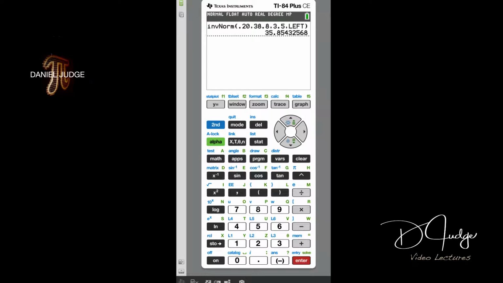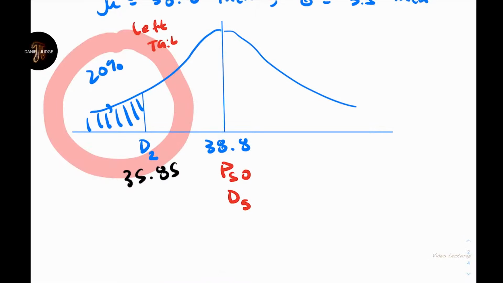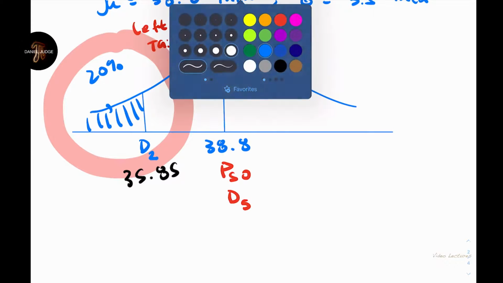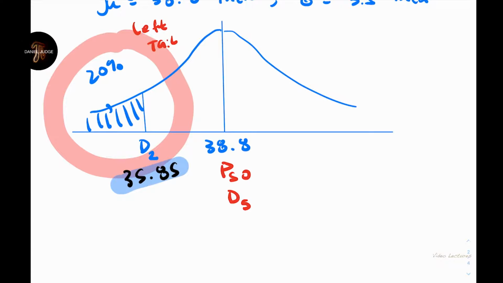And I guess we'll go out to the nearest hundredths. 35.854 is going to be to the nearest hundredths. The 5 is in the hundredths position, the digit to the right is 4. 35.85. So, ladies and gentlemen, 35.85 here. This is in inches. That's what they're looking for.